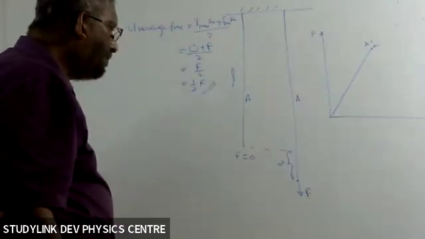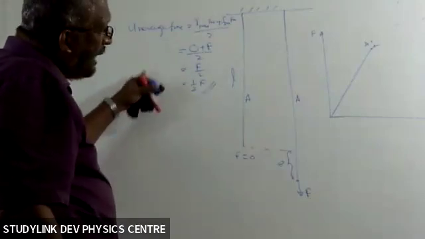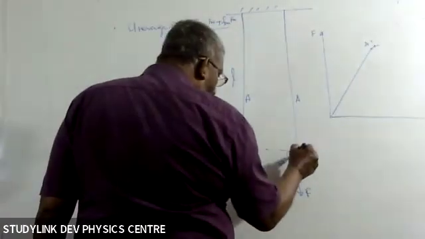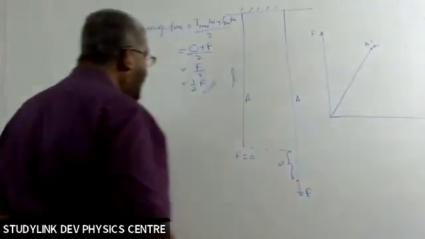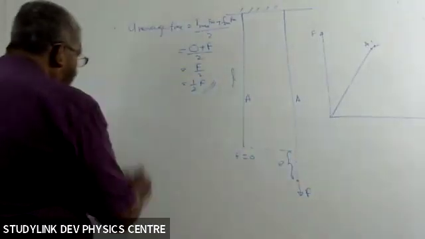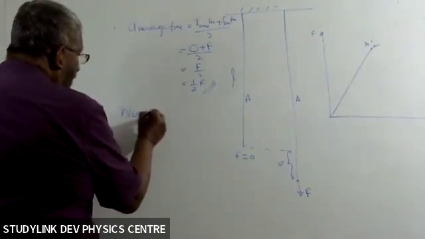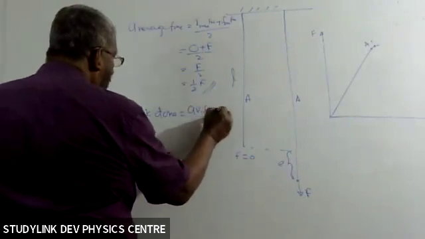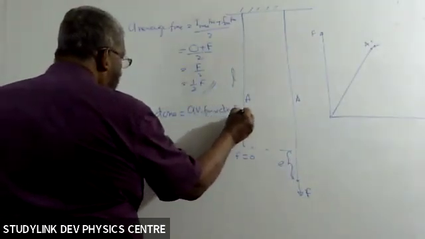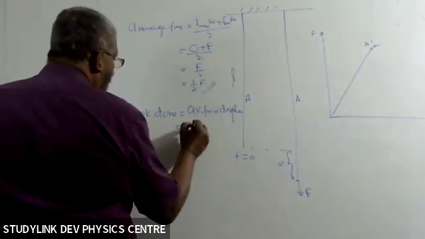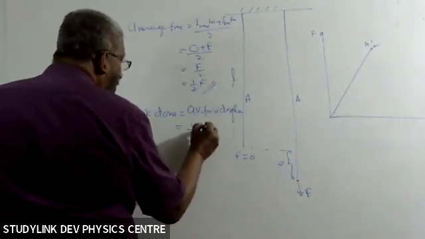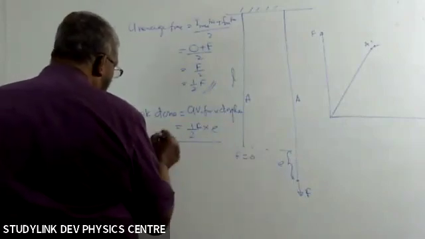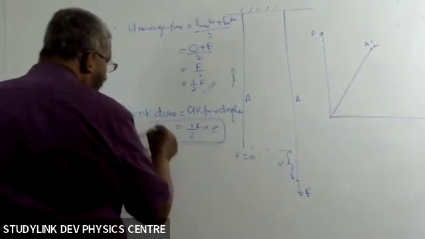Then work done. Here the average force travels a distance of E. Work done is equal to average force times displacement. So half F times E, half Fe.